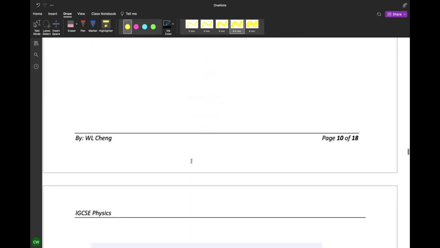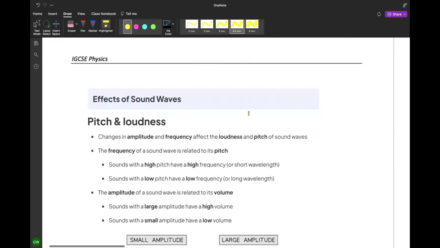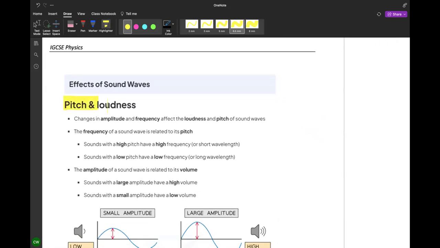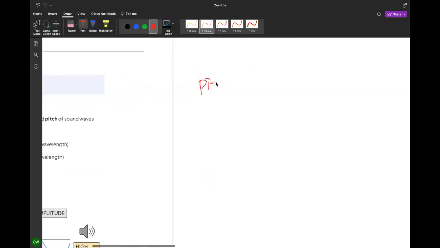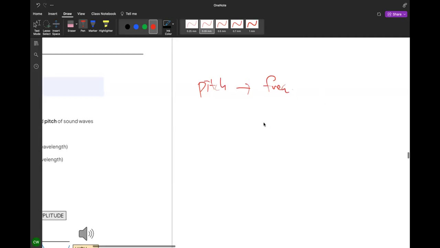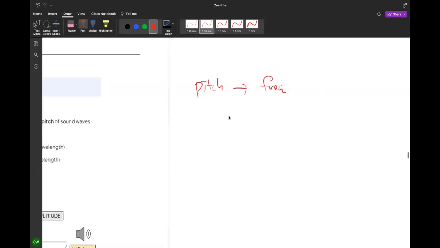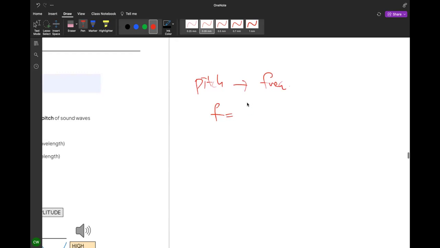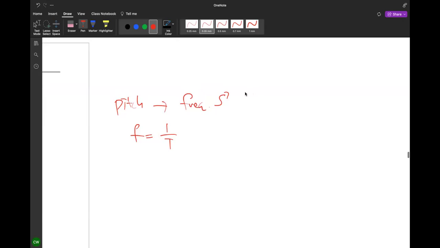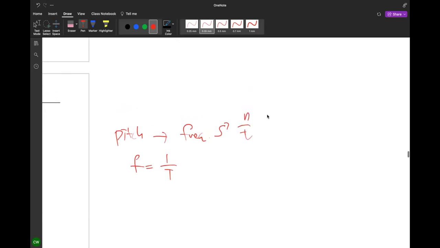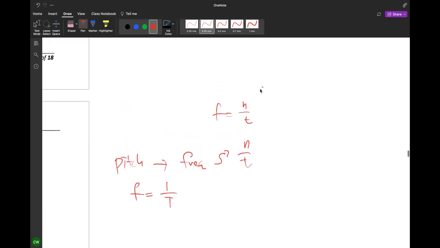Next important thing is about pitch and loudness. What is pitch? Pitch is related to frequency. Do you know what frequency is? 1 over period. What is the definition of frequency? f is equal to N over T. What is N?